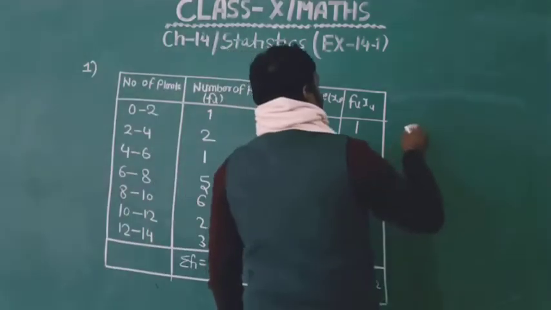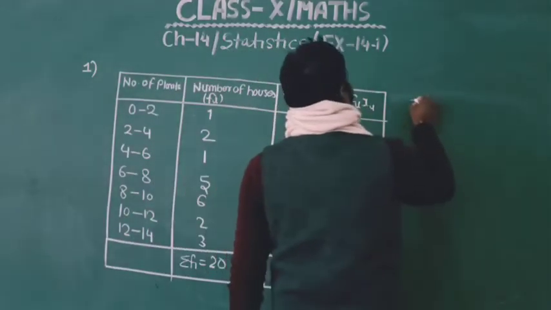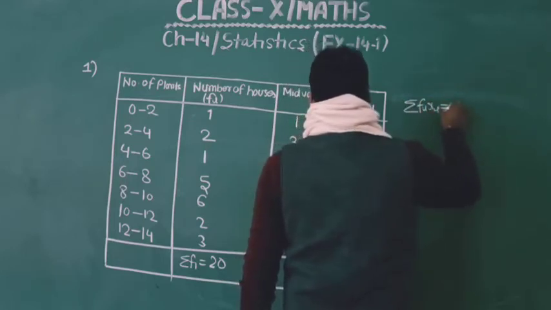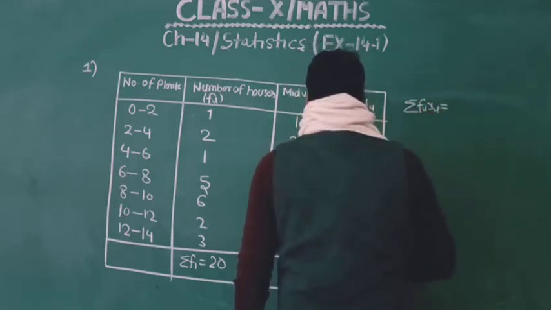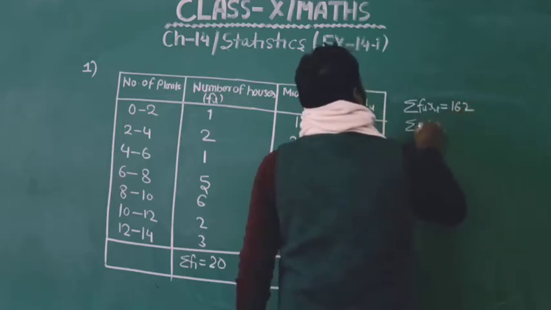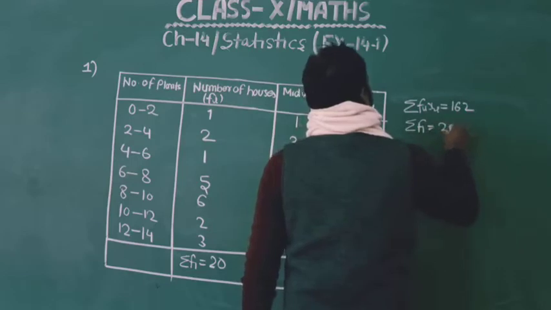So from the table it is clear that the sum of fi xi is 162 and the sum of fi is 20.